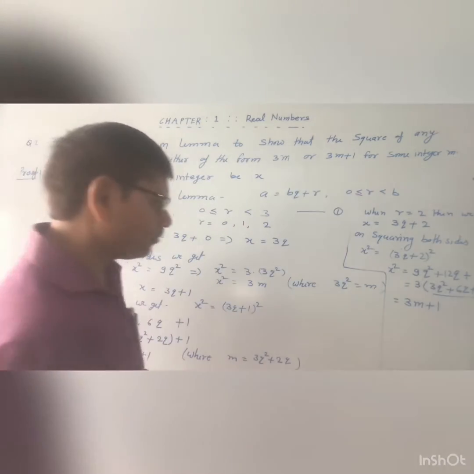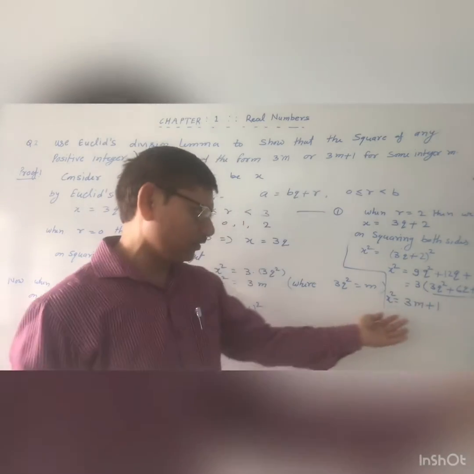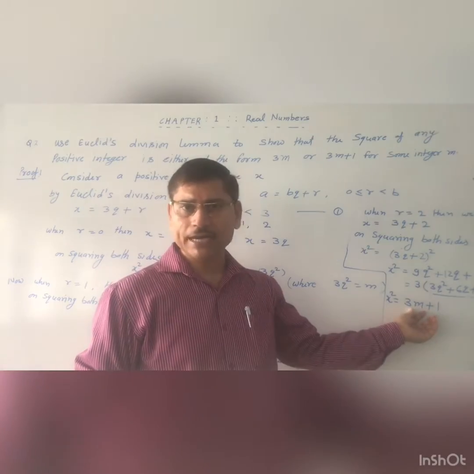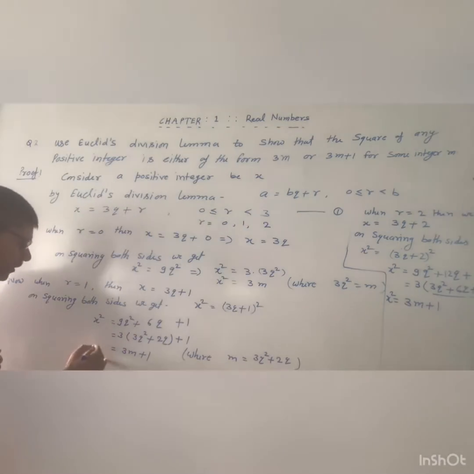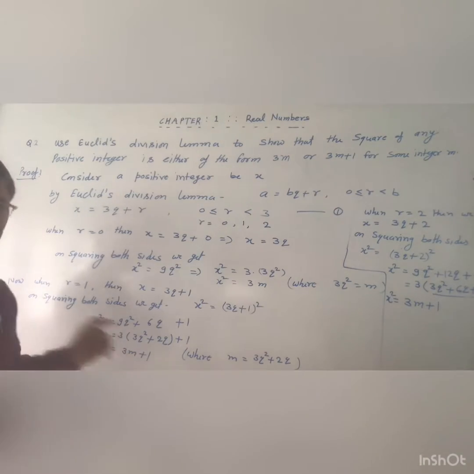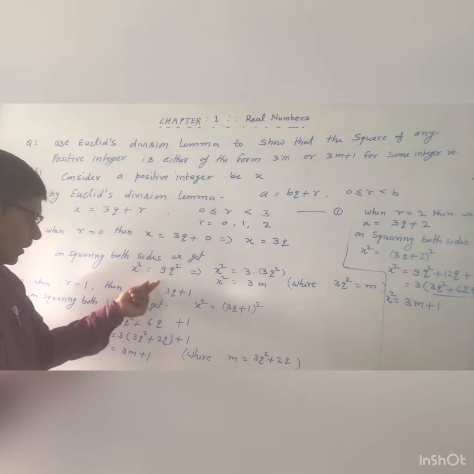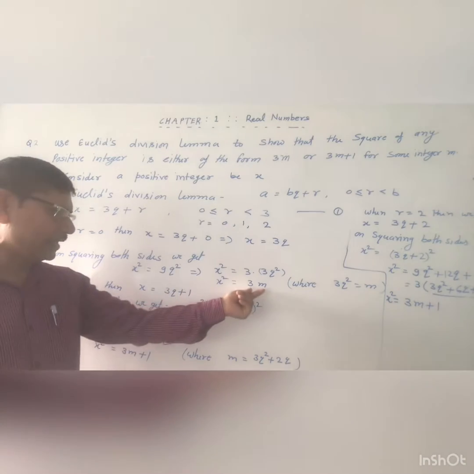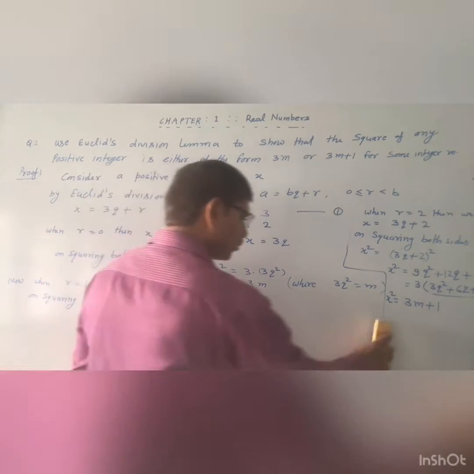So you can observe that the square of an integer here is 3m plus 1, and here also the square of an integer is 3m plus 1, and in the first case we get 3m. So finally you will write the conclusion.